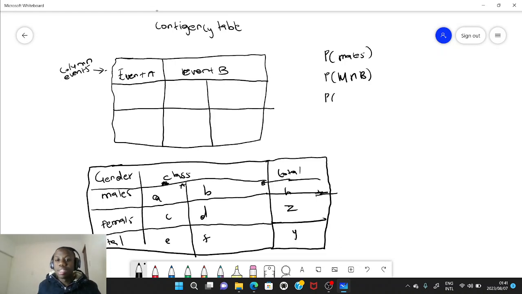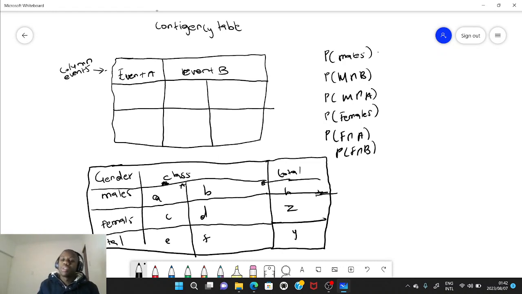And what if I said determine the probability of a male who's in class A, and determine the probability of females, and the probability of a female who's in class A, or the probability of a female who's in class B.